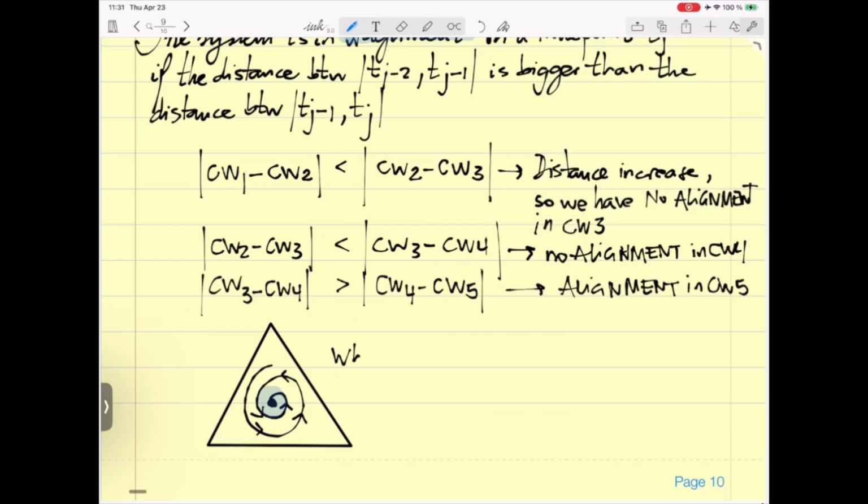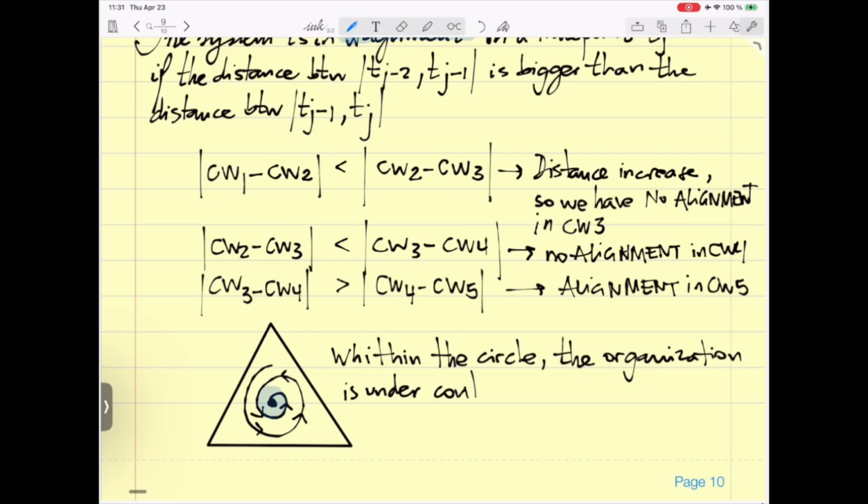So within the circle, the organization is under control and then in alignment. Okay? This is the intuition to it.